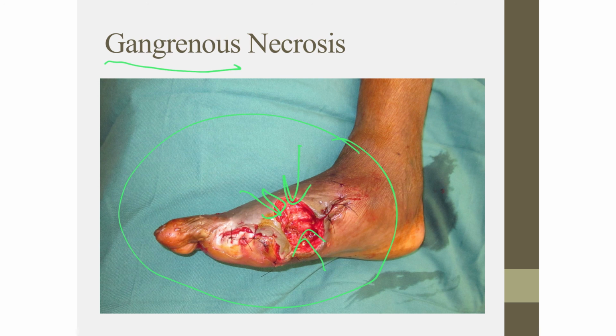We've got caseating necrosis, which is coagulative, gone on for a little bit longer and a little bit more colonization of the tissues with precipitating enzymes. And then we have necrotic tissue that's been colonized by bacteria, and we call that gangrene. And again, that can either be dry gangrene or wet gangrene.